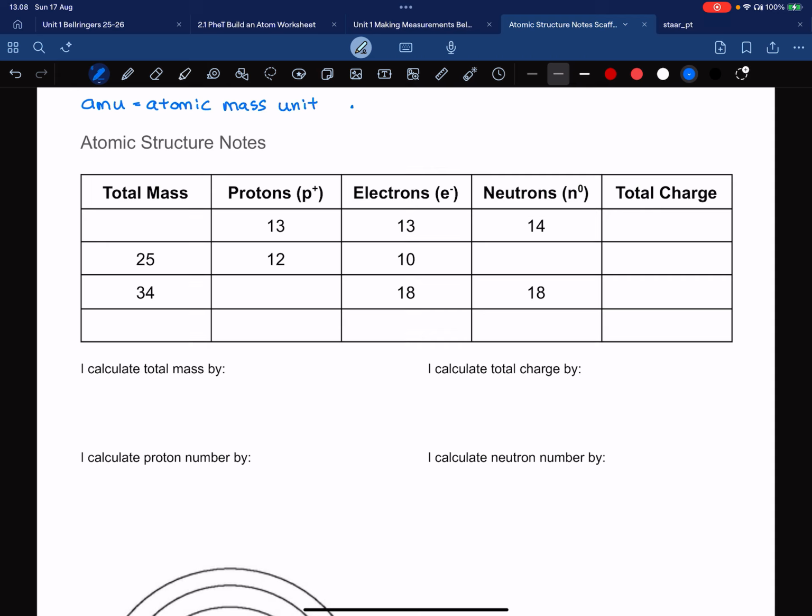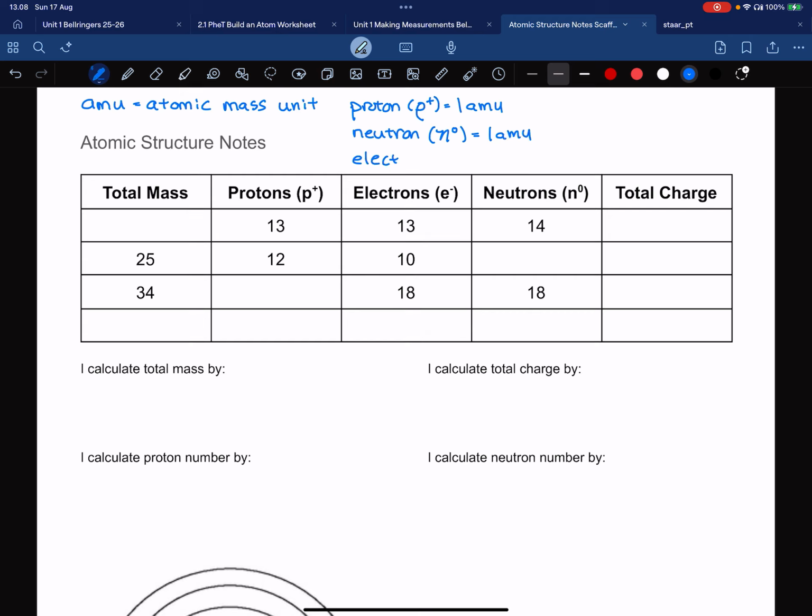And so a proton, which we will abbreviate with a P plus like that, has 1 AMU of mass. A neutron, which we will abbreviate with an N0 like that, has 1 AMU of mass.